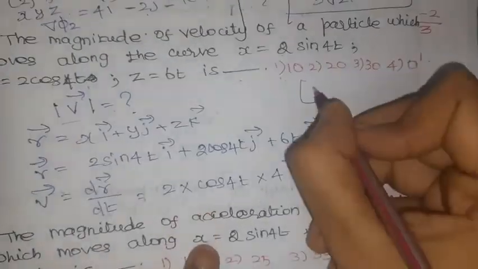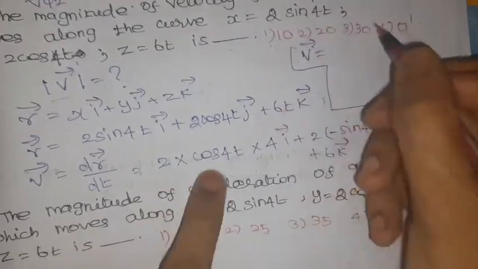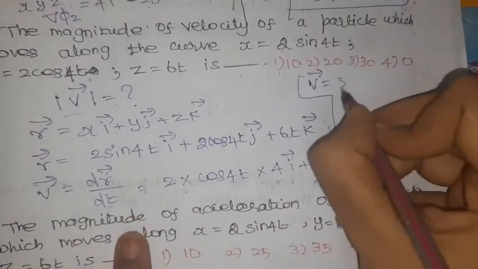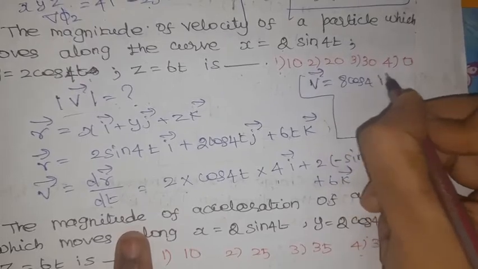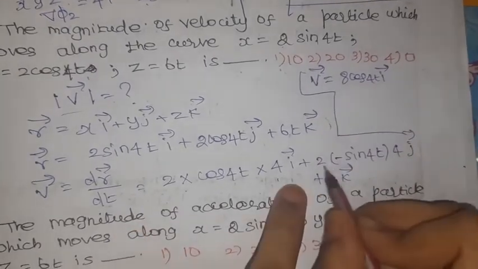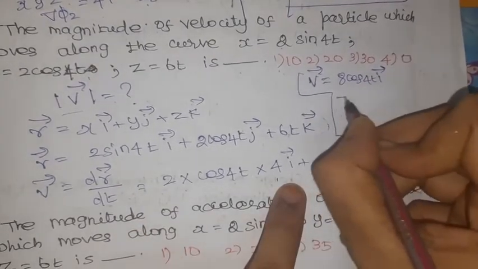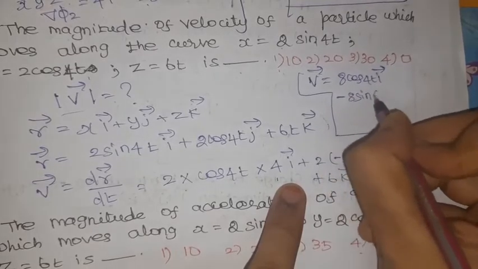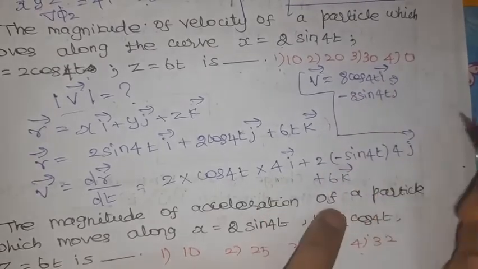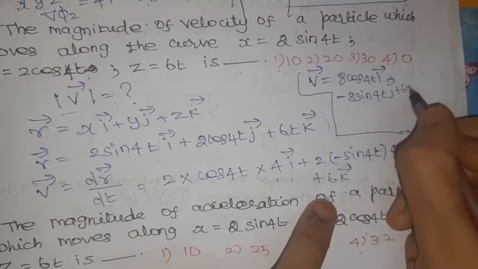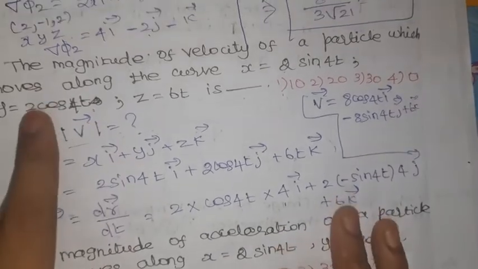So what is the v vector finally? 2 into 4, 8. 8 cos 4t i minus 8 sin 4t j plus 6k.